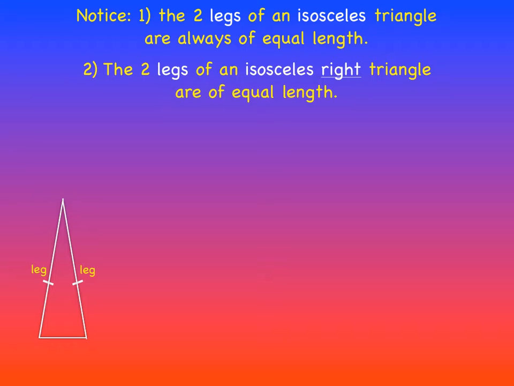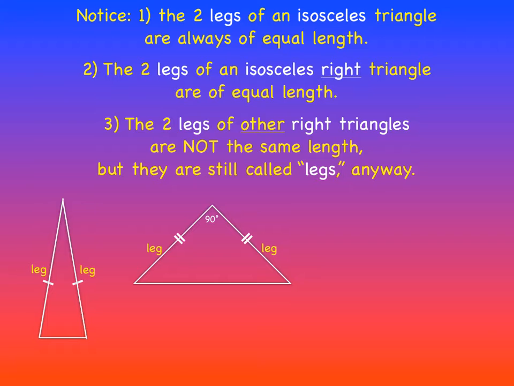And the two legs of an isosceles right triangle are also of equal length. However, the two legs of other right triangles are not the same length, but they're still called legs anyway.